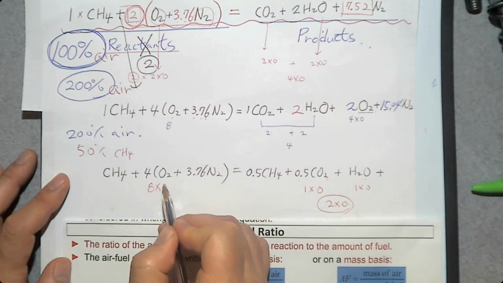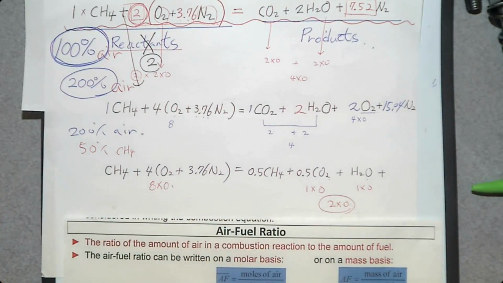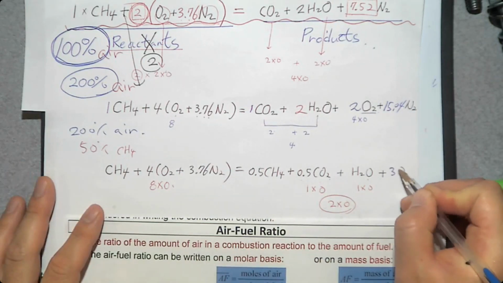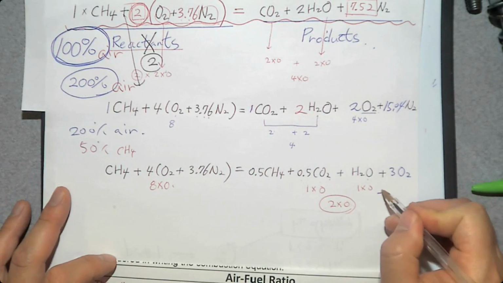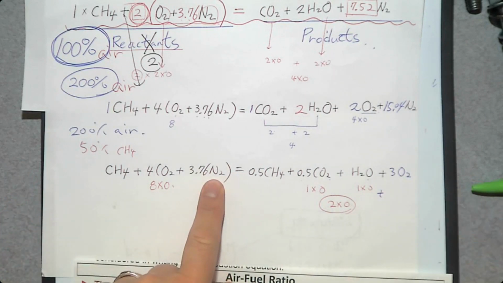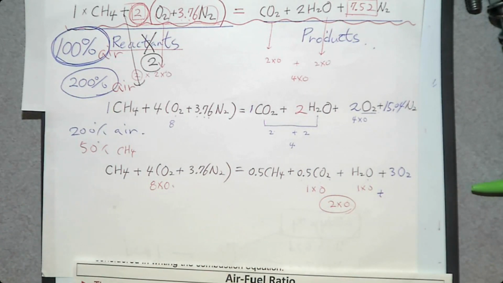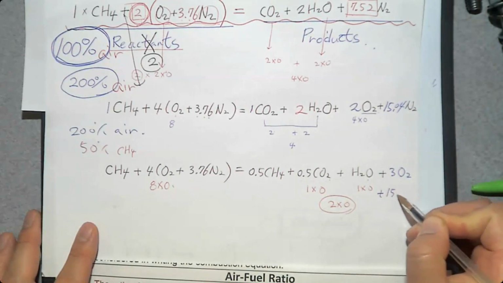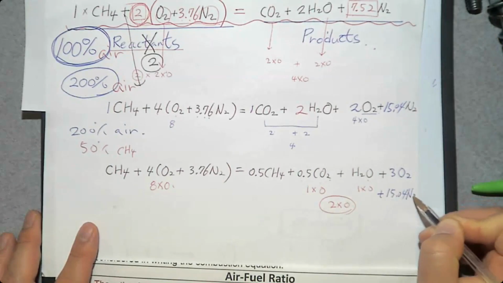However, we have 8 oxygens. So how many oxygens left? 6. And each oxygen molecule has 2 oxygen atoms, so 6 oxygen atoms can create 3 oxygen molecules. And what about nitrogen? It's an inert gas, so it's not going to react. 15.04 nitrogen.